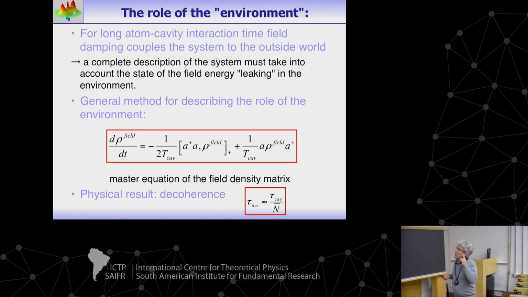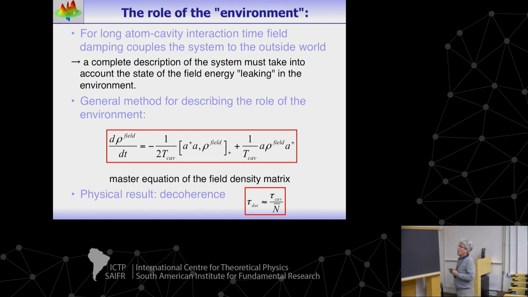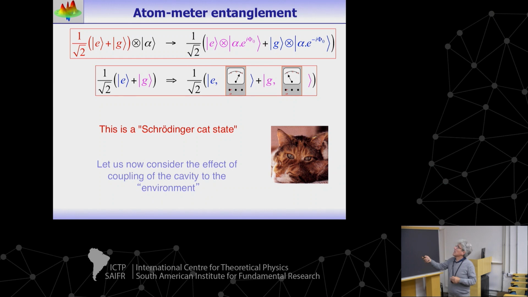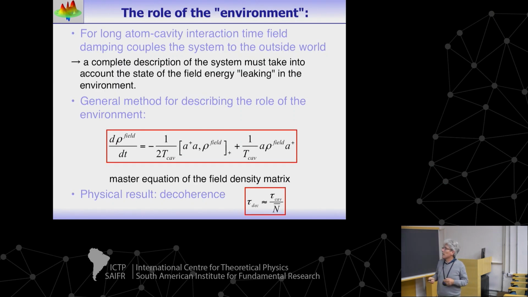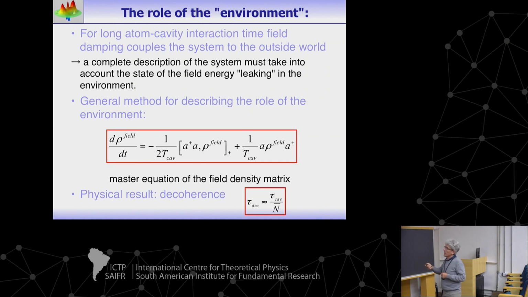And the physical result when solving this equation is that there is a time constant characteristic of the lifetime of this kind of state, the so-called decoherence time, which scales as the cavity damping time divided by the photon number in the cavity. So that's the important result of the evolution of the cat state under the effect of this master equation.